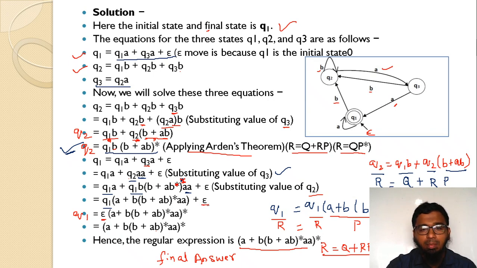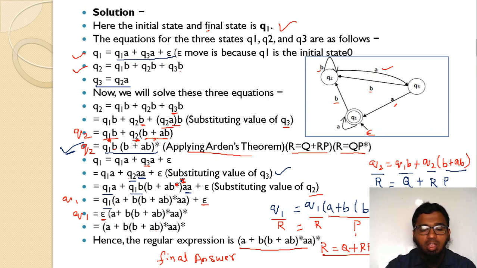Next, this epsilon. Again we need to check; this comes under Arden's theorem. Q1 is equal to Q1 (A plus B (B plus AB) whole closure AA) plus epsilon. So this whole will be considered as P, plus this Q. We can write that R is equal to Q plus RP.